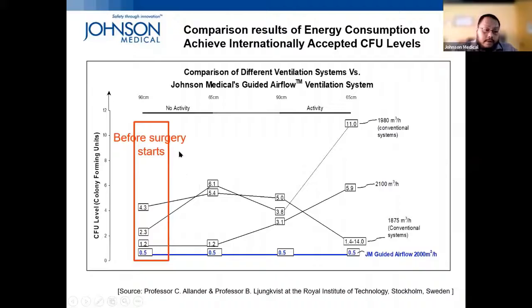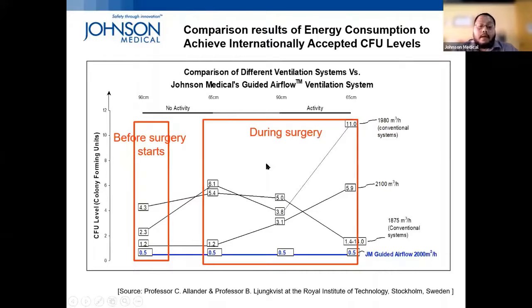The one on the left that we're highlighting is the CFU level before the surgery starts, meaning when the OT is either empty or before the patient comes in. You can see that even before the surgery starts, we are starting at a lower CFU than all the other traditional methods. Once the surgery starts, it's common that things start to fluctuate and vary between the different systems.